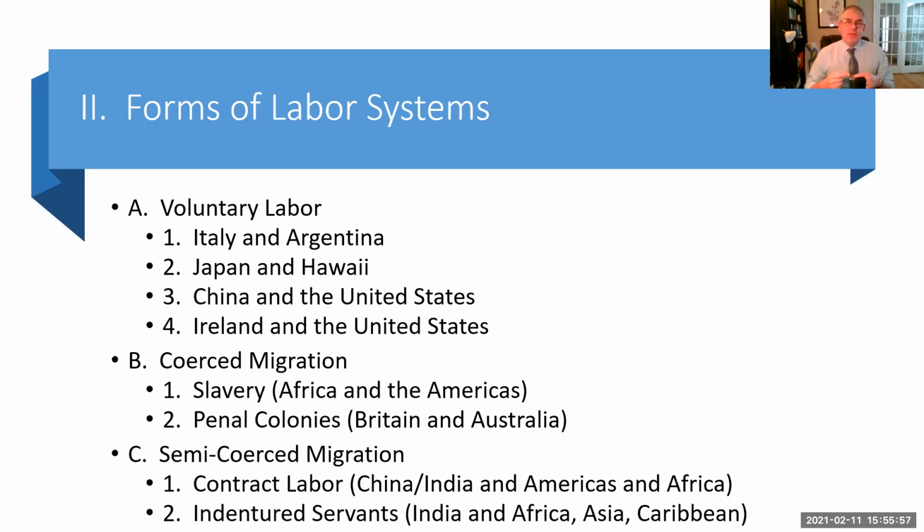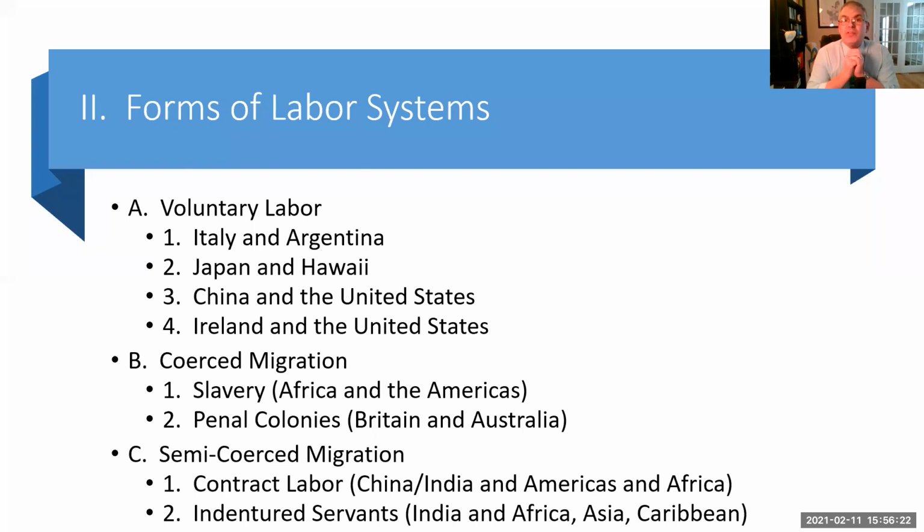While there will still be a slave trade within Africa, the transportation of enslaved peoples from Africa to the Americas is going to start to cease in the early part of the 19th century. However, that's going to lead to a gap, if you will, in labor demands. So we're going to see some movement of people.